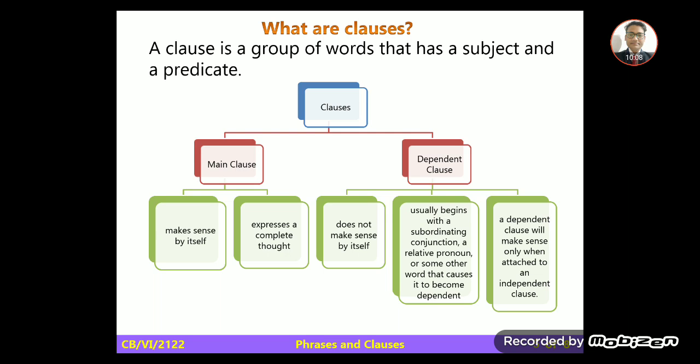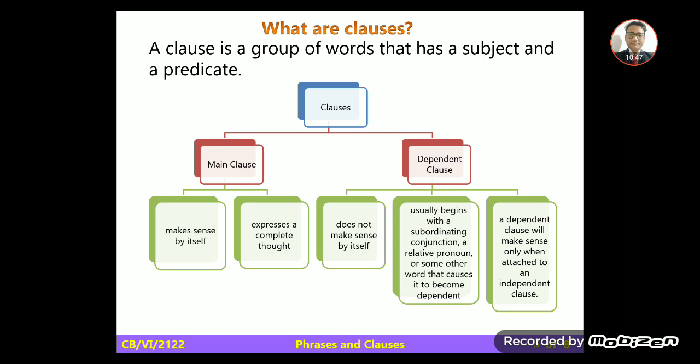Now let's see the dependent clause. A dependent clause does not make sense by itself. It means that if we make a sentence from a dependent clause alone, it does not give a meaningful message. Usually, a dependent clause begins with a subordinating conjunction, a relative pronoun, or some other word that causes it to become dependent.